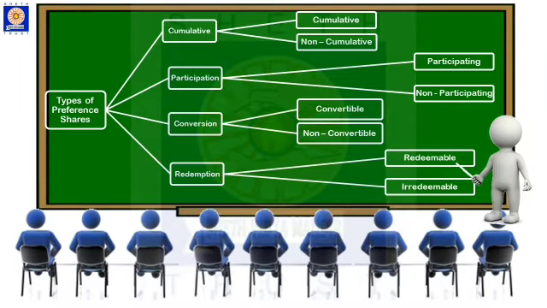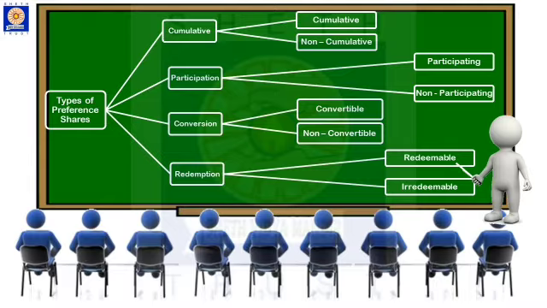For example, for cumulative and non-cumulative preference shares, the most important title for the concept is accumulated profits. For participating, the important technical word is surplus profits. For conversion, the important title is equity shares. And for redeemable and irredeemable, the important title is to pay back.